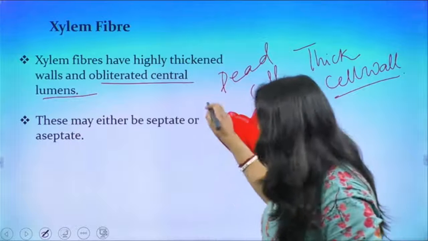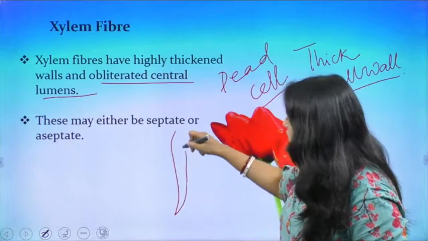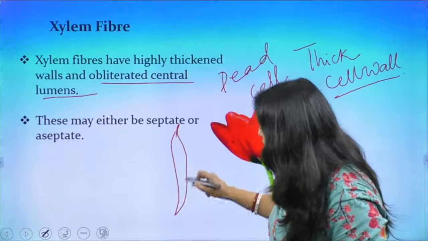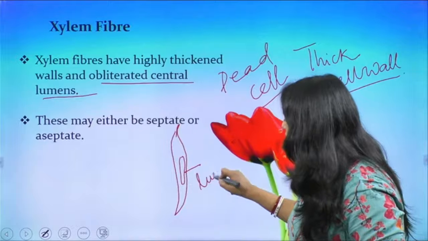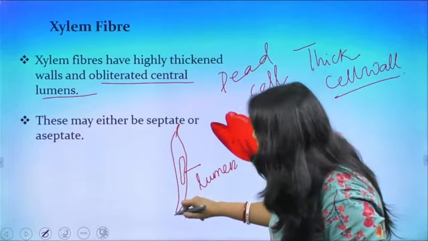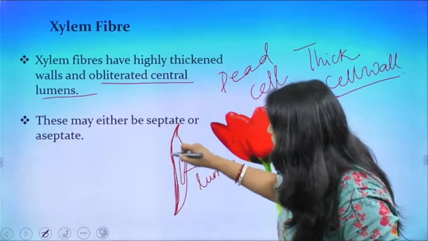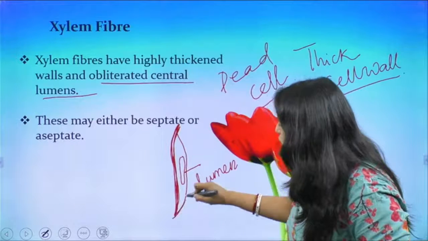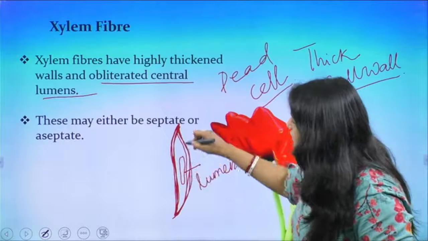If I draw it like this, this is the xylem fiber. This area is the lumen, and the walls near it are very thick. They have a lignified cell wall.